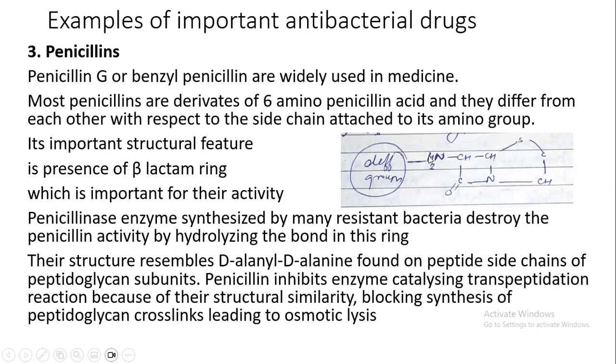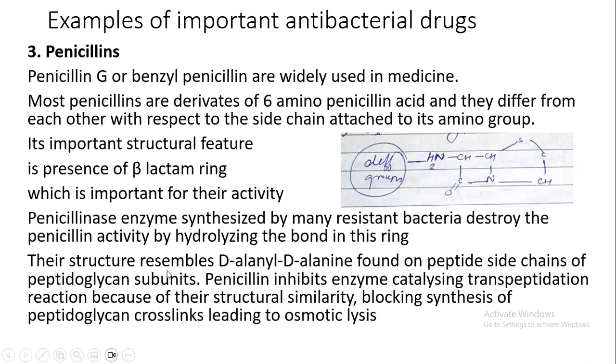The important structural feature of penicillin antibiotics is the presence of the beta-lactam ring structure, which is important for their activity. The enzyme penicillinase acts by cleaving the beta-lactam ring structure, thus inactivating the antibiotic penicillin.